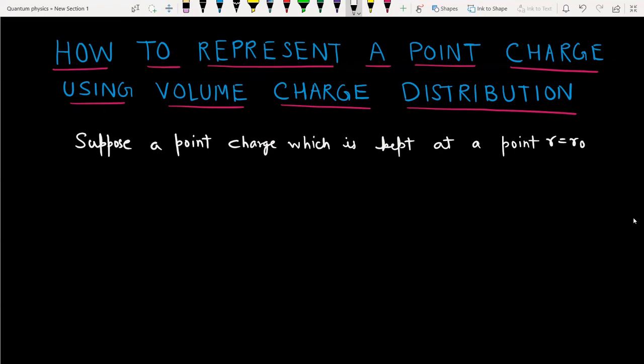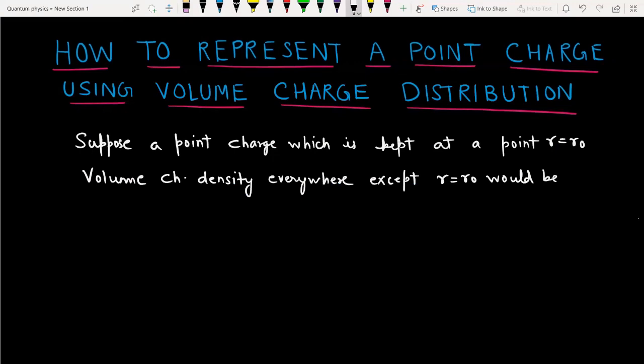So the volume charge density everywhere except r is equal to r naught would be 0. Very obvious.